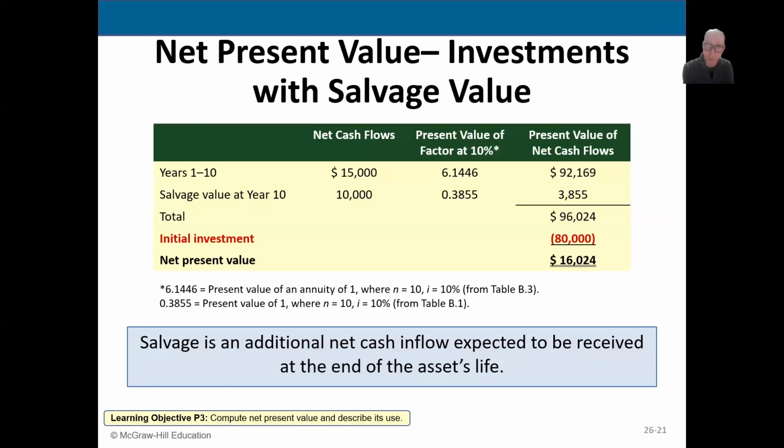Add in the total minus the initial investment, and the net present value is 16,024. Of course, that salvage value is additional net cash flow because, as you know, when we sell a piece of machinery and it has salvage value, we receive whatever that salvage value is at the end of the asset's useful life. So on paper, it looks like the net present value is a lot higher. That's just because there's salvage value involved.